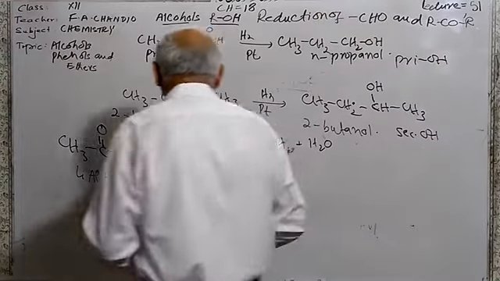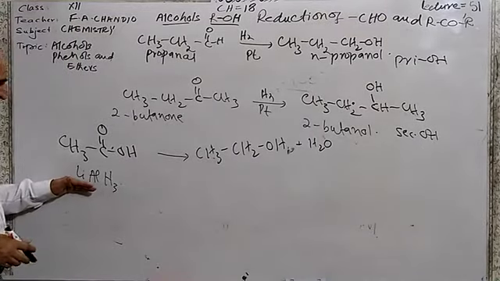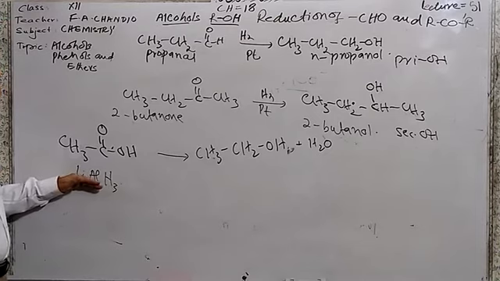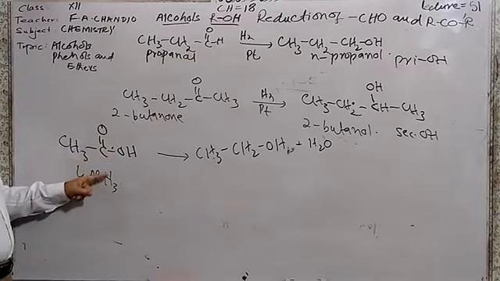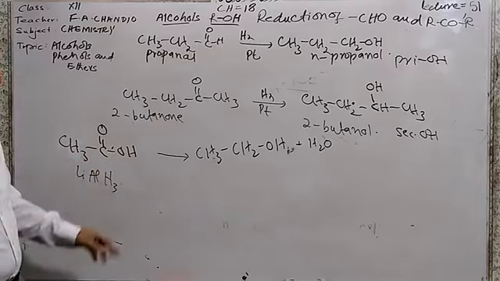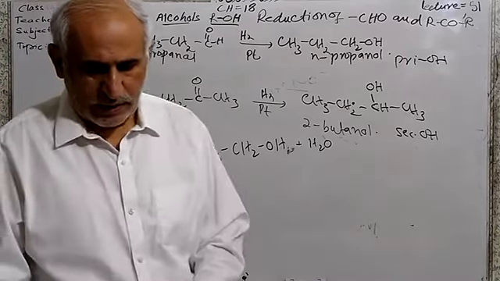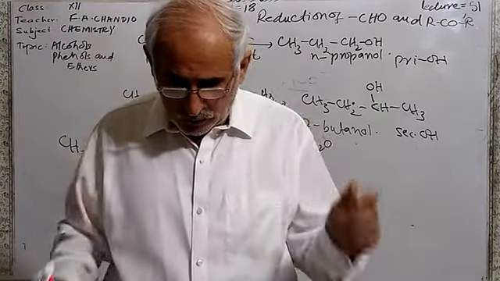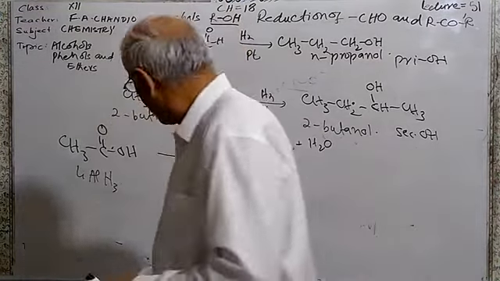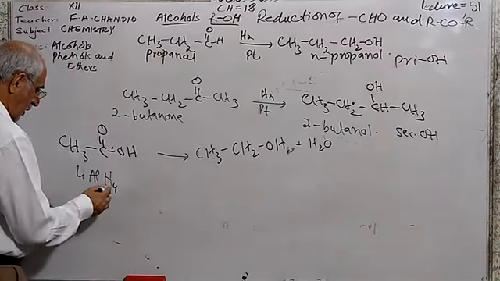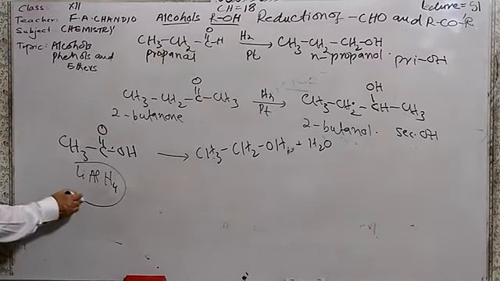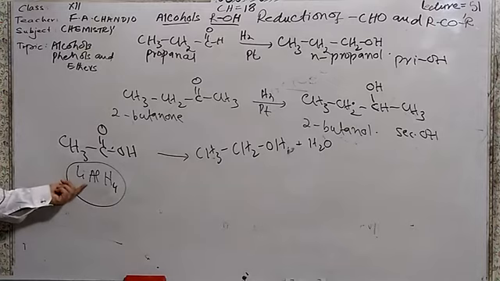So how many hydrides are going to be produced by the lithium aluminum hydride? There are 3. One hydrogen is going to be attached here to make a CH2, and the other is going to be attached here to make a hydroxyl group. That's why the alcohol is produced by using lithium aluminum hydride. According to the conditions, sometimes this reducing agent provides 4 hydride ions.